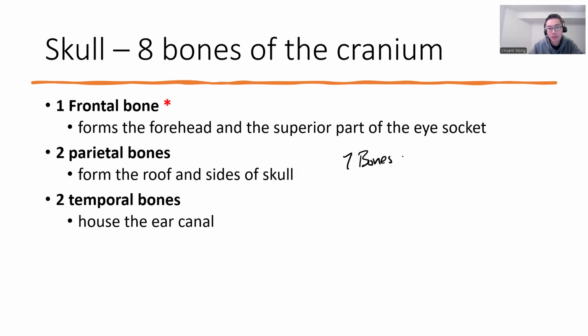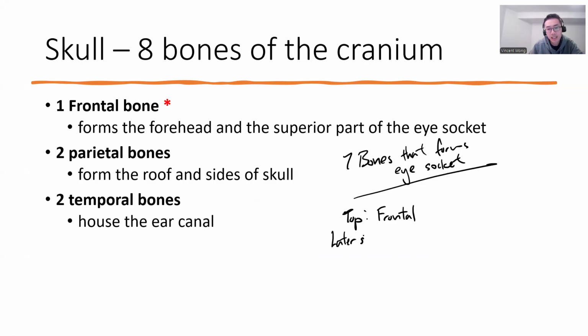Seven bones that form it. Oh, I just remembered I forgot to tell you about one more bone. Anyway, let's list the seven bones first. At the top we have the frontal.